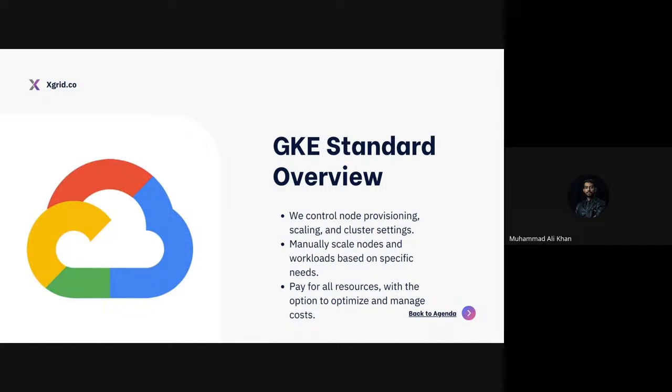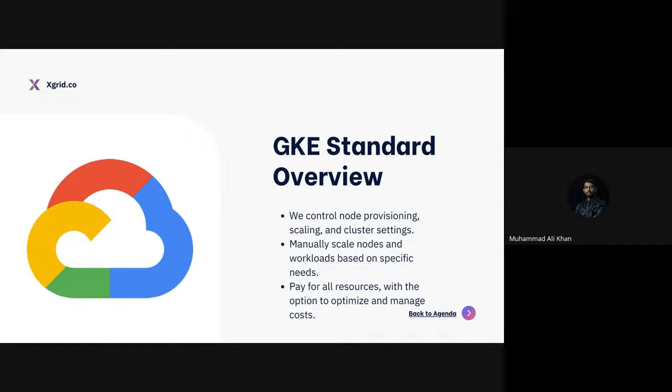These things are managed by the cloud providers, like managing your control plane node, managing your worker nodes, scaling them, patching them, and upgrading them. You don't need to worry about machine types, the node pools, or balancing workloads across nodes. So mainly, these are the two main offerings provided by the cloud provider: one is managed Kubernetes offerings and the other is managed serverless offering, and the differences between the two.